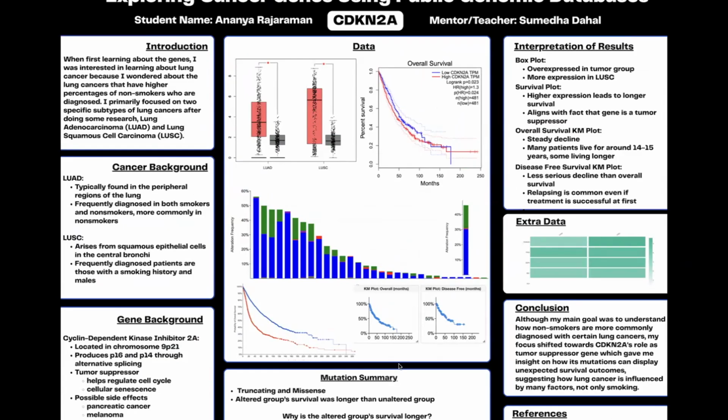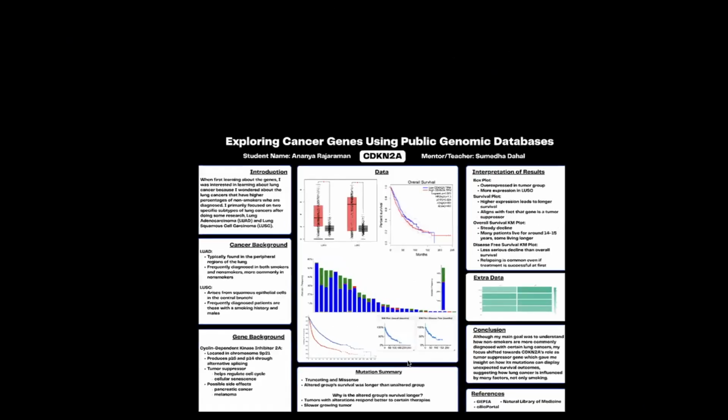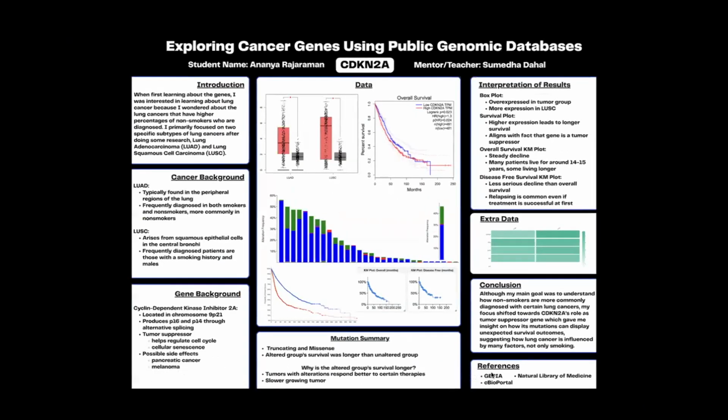And I was able to research a lot into different types of genes, like tumor suppressors and oncogenes. And I also used these references, which are GPA, cBioPortal, and I learned more about CDKN2A in the National Library of Medicine.